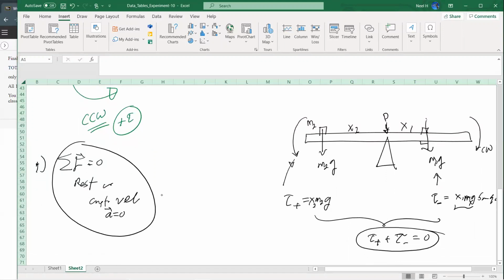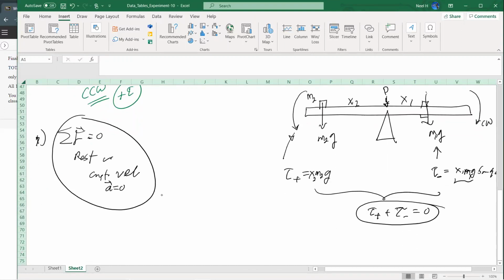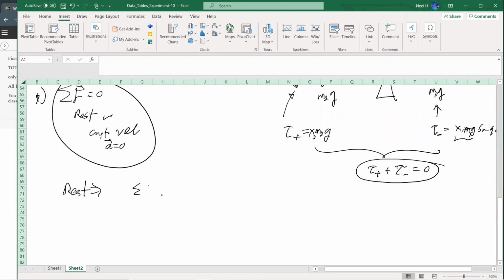Now, after this chapter, after you finish this rotational area, you have to modify Newton's law and add this information too. If you want to confirm the object is at rest, you have to check all these conditions. You have to check all the forces in the x direction should be 0. All the forces in the y direction should be 0.